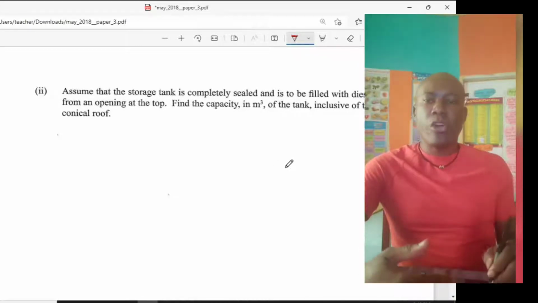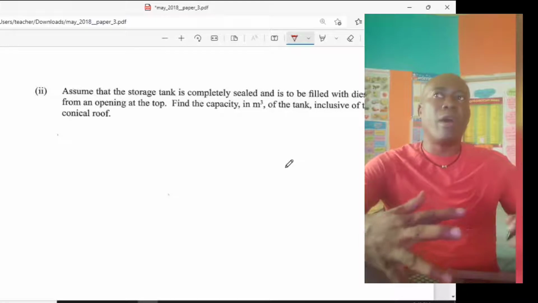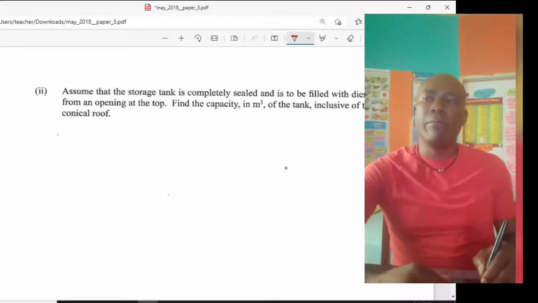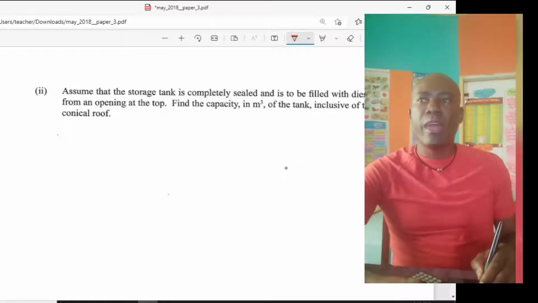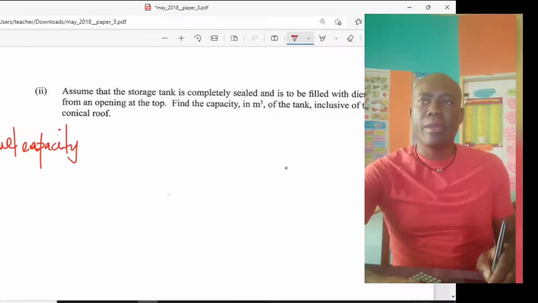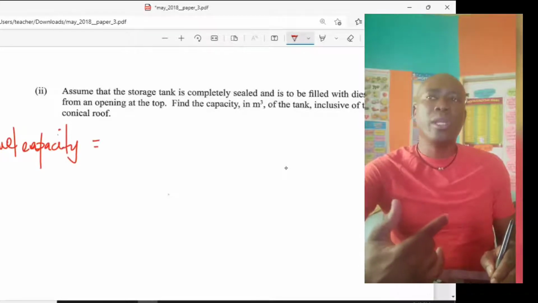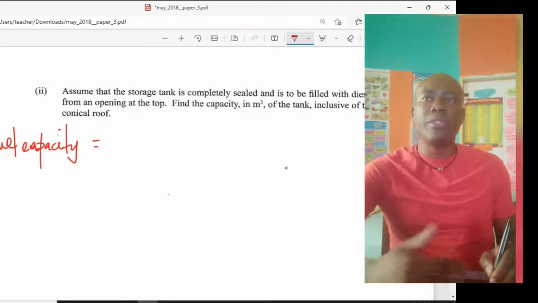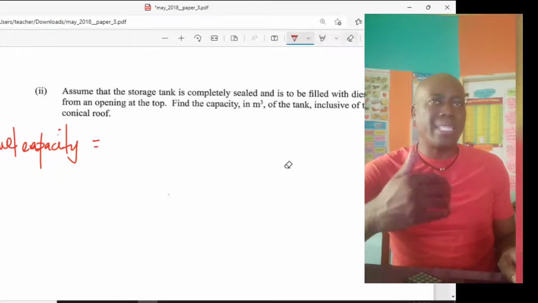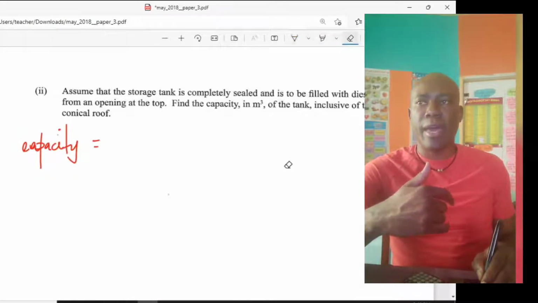All right, so if we want to find the capacity, we're thinking of two things here. One, we're thinking of the volume, or we want to say the capacity, basically, of the cone. So we're talking about the volume or the capacity of everything there.